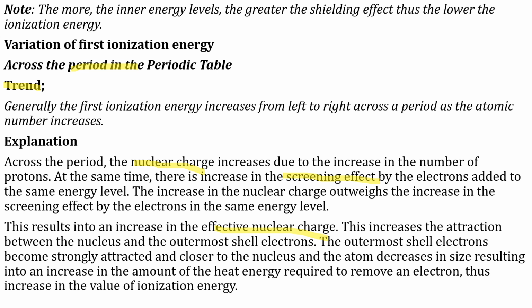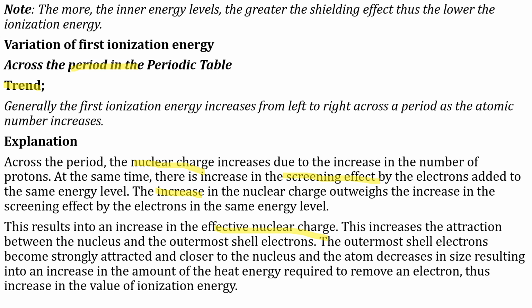But here you must talk about the conclusion before we talk about effective nuclear charge. I'm still mentioning this one because many of you make errors from here. You just say that the nuclear charge outweighs the screen effect. No, that's wrong. It's the increase in the nuclear charge that outweighs the increase in screening effect by the electrons in the same energy level.